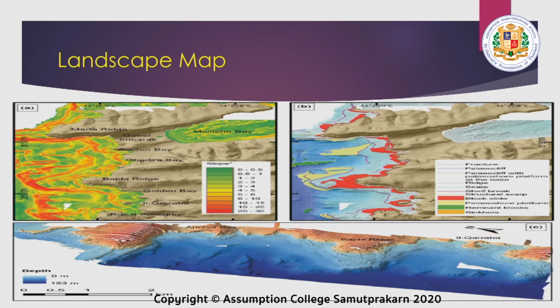As you can see, this shows the elevation. It shows the slope. It shows the depth. So this is a landscape. It shows what kind of land is in there. It's a landscape map.